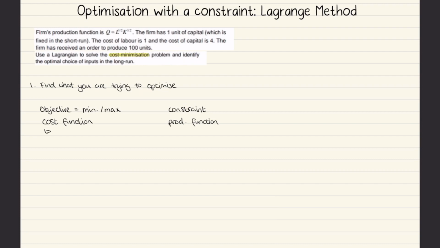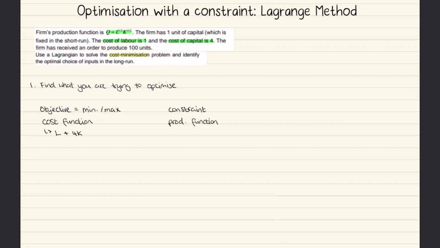As we can see from the question, the cost of labor is 1 and the cost of capital is 4, and labor is stated as L and capital as K. So we can write that as an equation. The cost equals L plus 4K, which can also be written as 4K plus L, but it's the same thing.